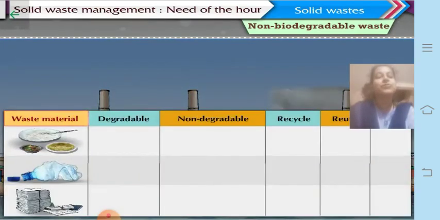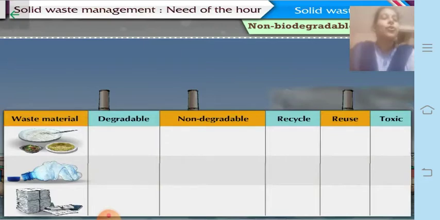Let us try to find out. Here there is an exercise given on page number 102 to make a list of various waste materials and articles in your area and prepare a chart as follows. Now let us see what type of materials are degradable, non-degradable, recyclable, reusable, or toxic.